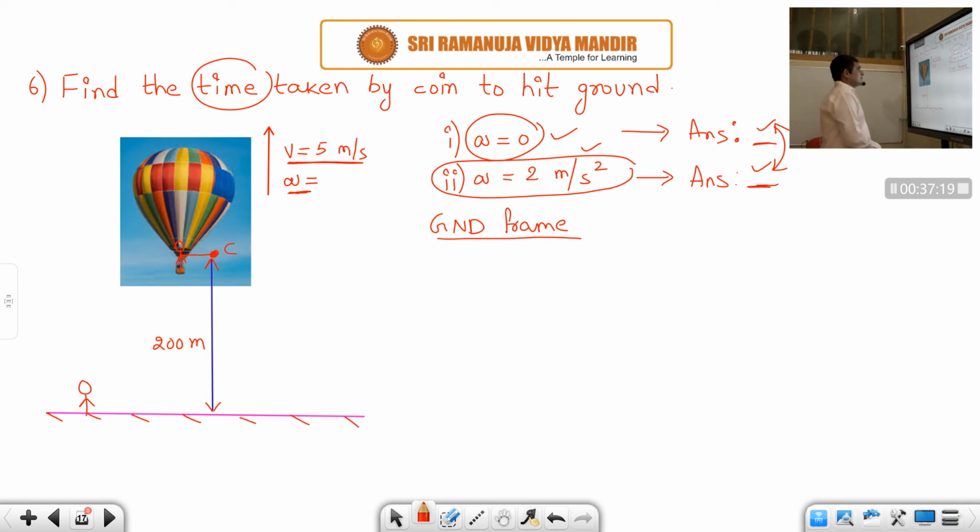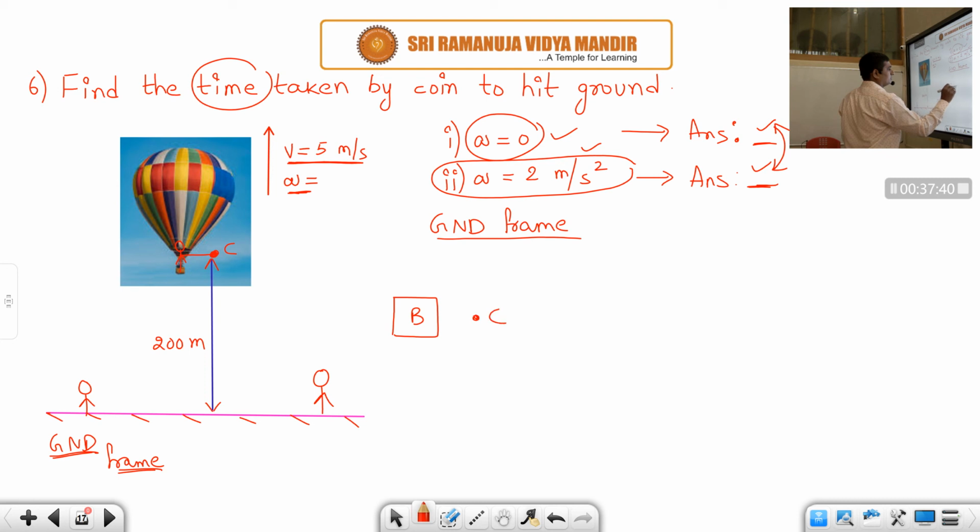So if you want to calculate the time, what you have to do, students? First you have to solve from the ground frame and write down the values. When you stand on the ground frame, let us say this is the balloon and this is the coin.